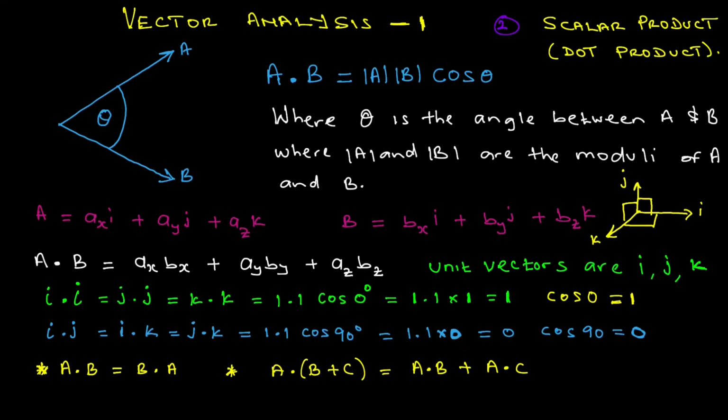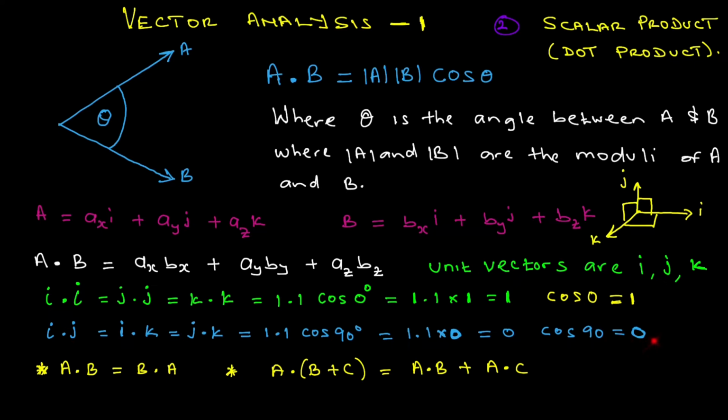Even though their value is 1 times 1, it's 1 times 1 times cos of 90. Cos of 90 is 0, which means it will all be 0.